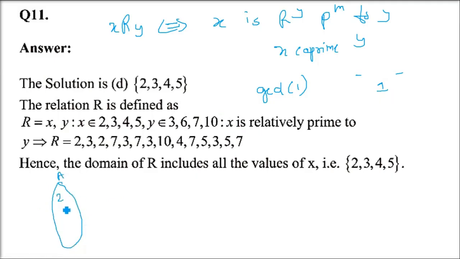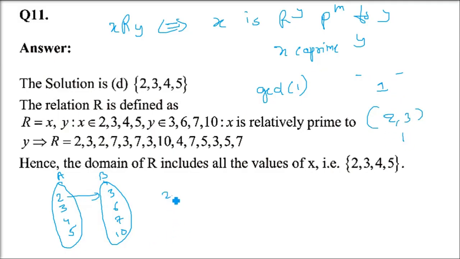The first set is 2, 3, 4, 5. The second set, set B, is 3, 6, 7, 10. Now x and y have to be relatively prime, so you have to choose only those values. I'll take 2, 3.